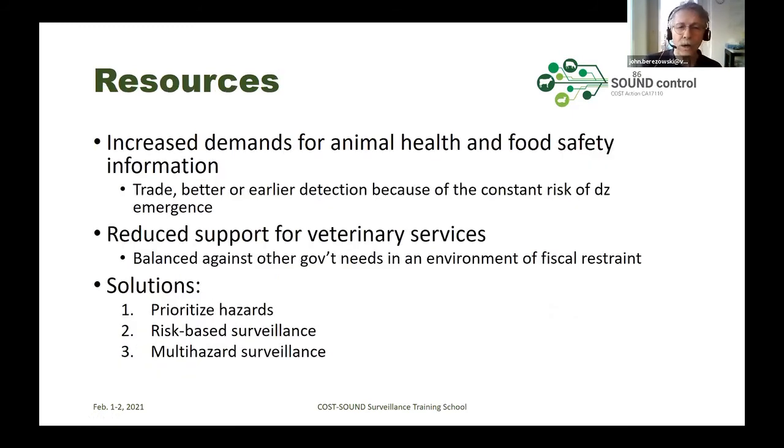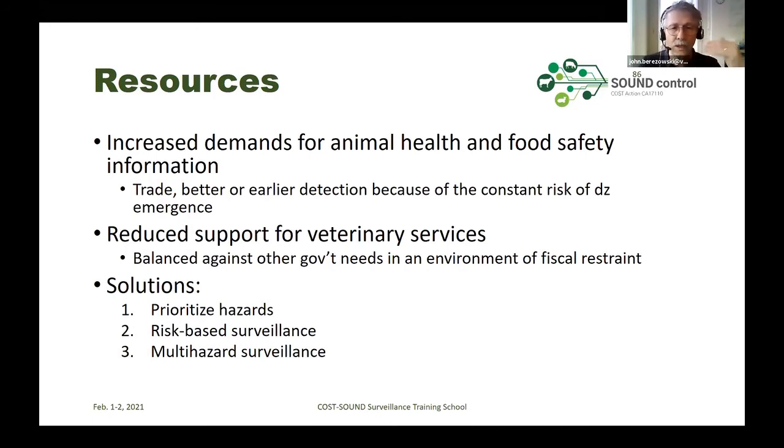And resources are always important. There's this constant increased demand for animal health and food safety information. And I think with the advent or the popularization of big data, we're expected as surveillance practitioners to produce more and more information about animal health, food safety, and animal welfare.